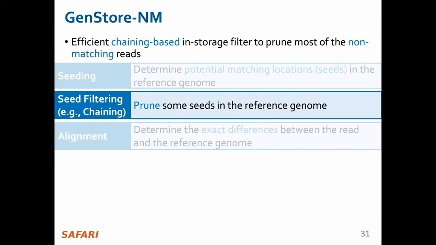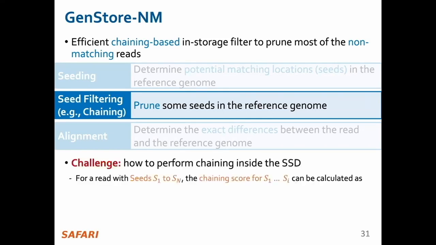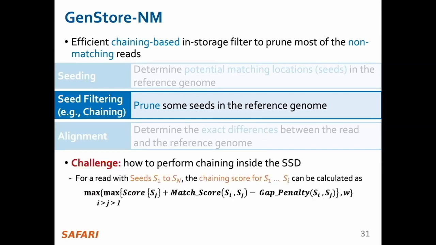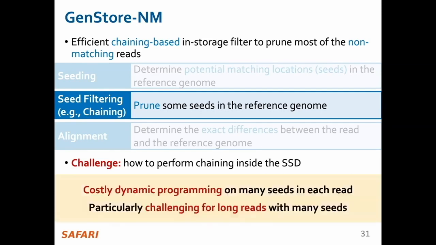So calculating the chaining score in SSD can be challenging because finding the best chaining score requires performing many iterations of a dynamic programming algorithm for all seeds in a read. And that can be particularly challenging for long reads since they have a large number of k-mers per read.